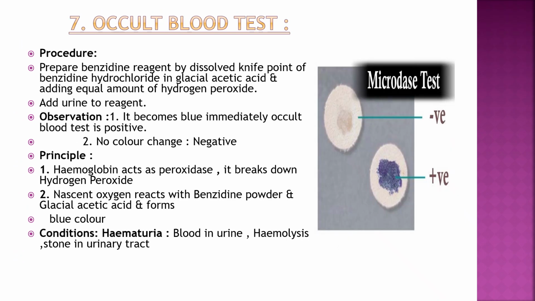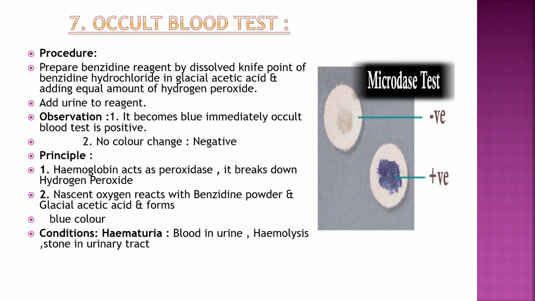Occult blood test. So occult means hidden. The blood which is not seen by eyes is called occult blood, and it is mainly done by taking benzidine reagent in equal quantity with glacial acetic acid and hydrogen peroxide, and then adding this to the urine on a filter paper, and then looking for the color change. If it becomes blue within a few seconds, occult blood test is positive, and with no color change, occult blood test is negative.